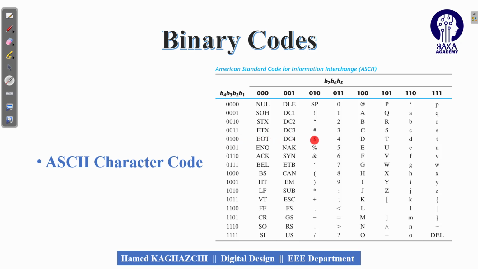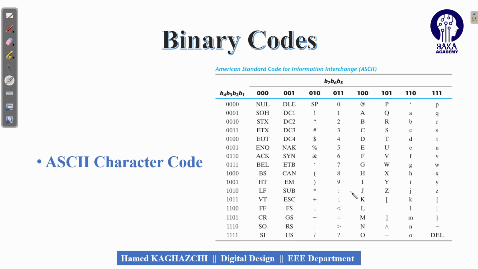Because T is included in this row, I write 0010 as the first 4 bits, B1, B2, B3, B4. And for the last 3 bits of T, we write the 3 corresponding bits of the column. Because T is in this column, instead of B5, B6, B7, we write 101.